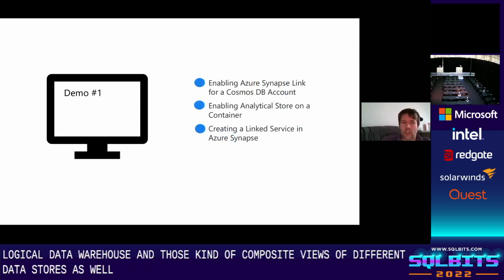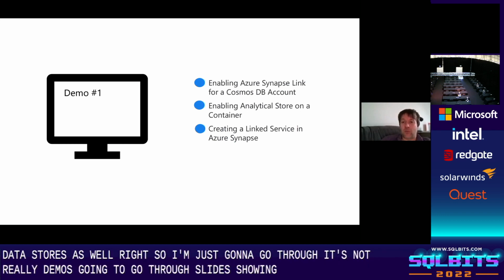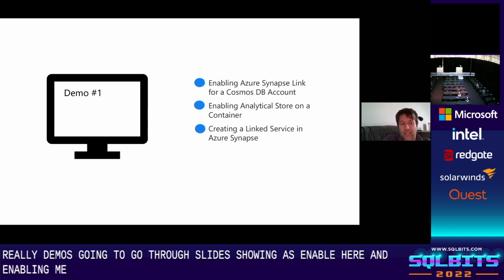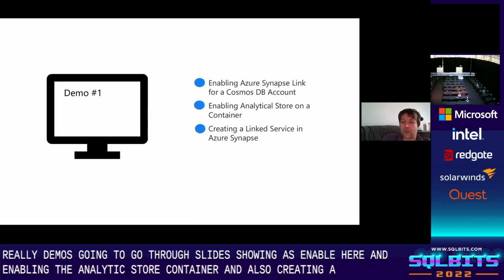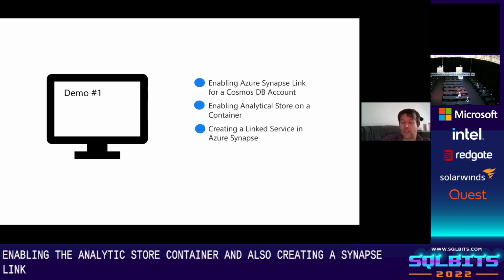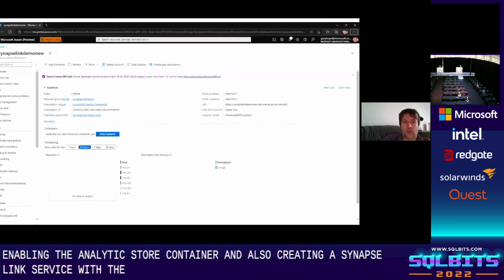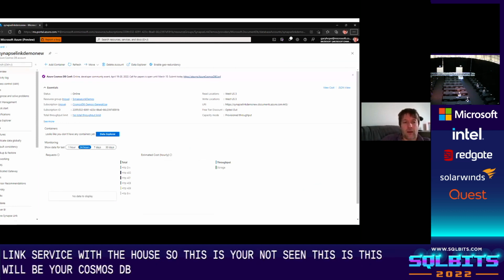All right, so I'm just going to go through, it's not really a demo, I'm just going to go through slides showing how to enable Synapse Link here and enabling the analytics store container, and also creating a linked service with Azure Synapse. So for those of you who've not seen it, this would be your Cosmos DB Explorer.